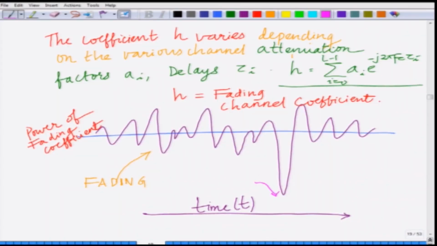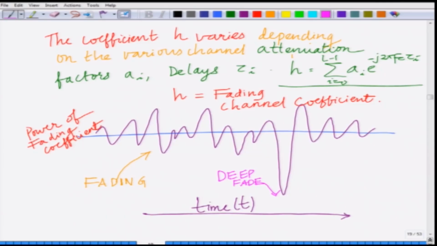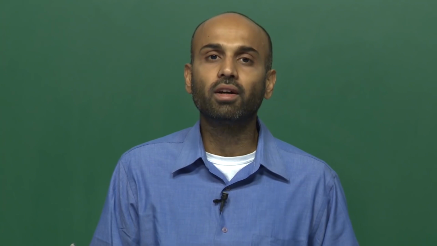This particular point is known as a deep fade event, and this has a significant impact on the performance of a wireless communication system. We are going to look at all these aspects in subsequent modules, and we will see that such deep fade events have a profound impact on the performance of wireless communication systems.